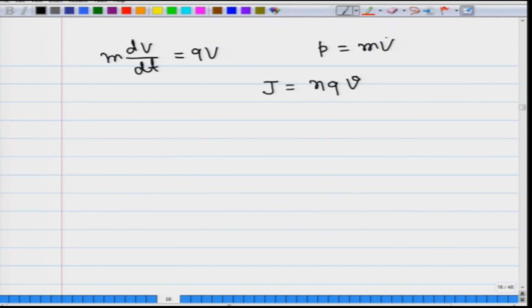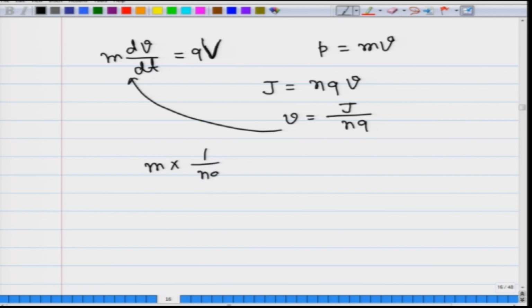This small v in dv dt is the velocity, and this capital V is the potential. For the current density J equals NQv, we can replace v by J by NQ, and we put this here. So, we get m into 1 by NQ dJ dt equals QV.